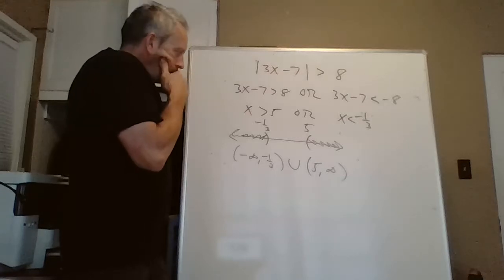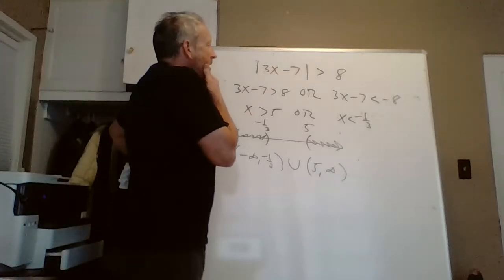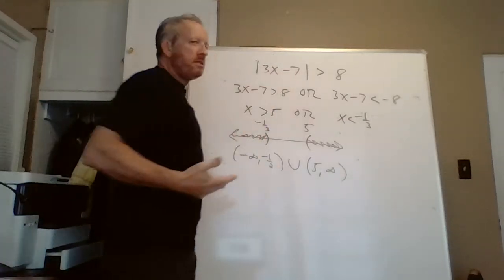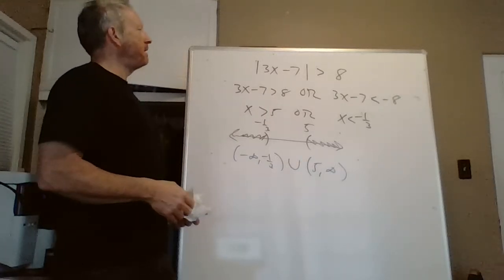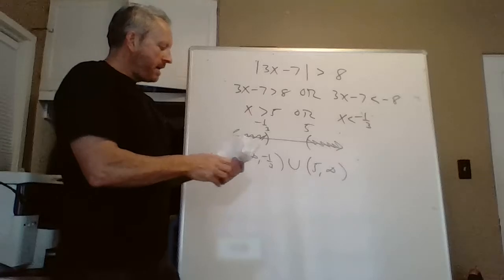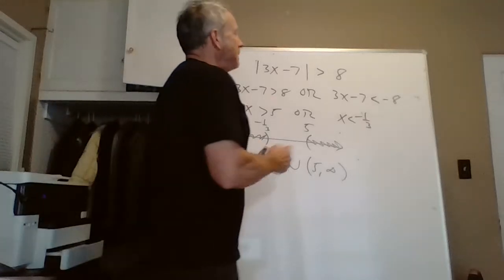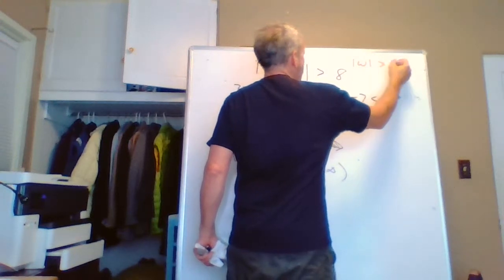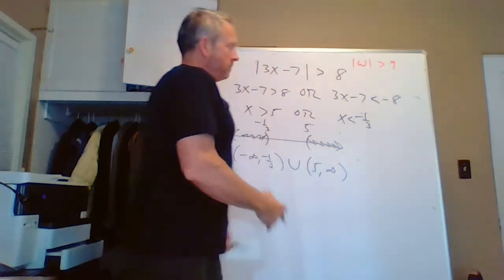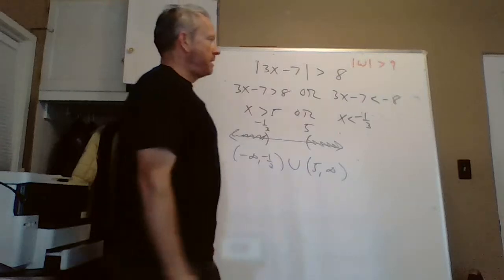Now, on these particular problems, I'm really interested in making sure that you understand that absolute value means distance from 0, and what the logical ramifications of that are. Again, if I say that something, and it could be anything, let's say I said that W is greater than 9, it means W is further away from 0 than 9.